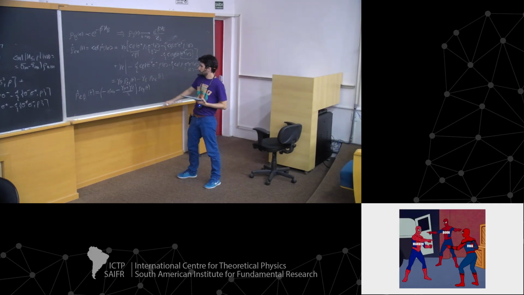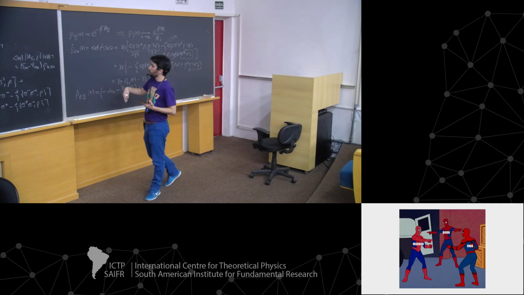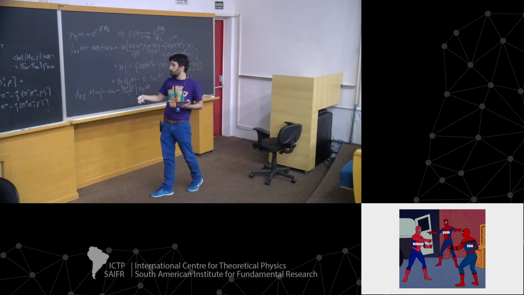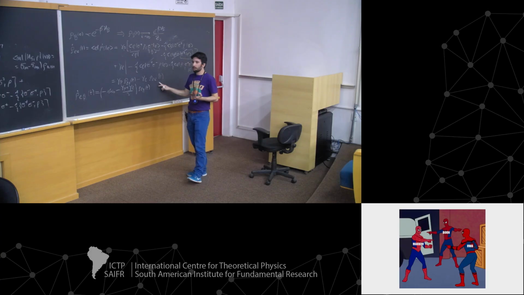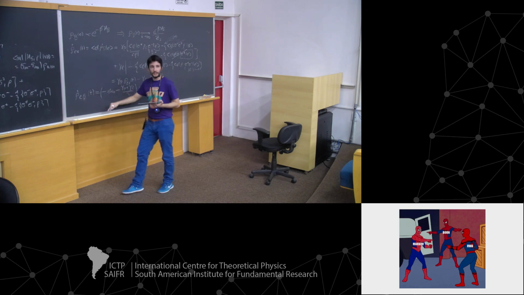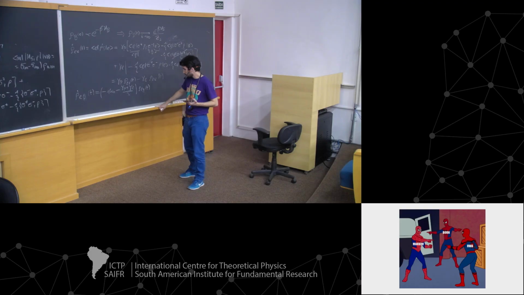When one is working in the eigenbasis of the Hamiltonian, the diagonal elements of the density matrix are called populations, because they give you the population of the states, and these are the coherences, because they appear whenever you have superpositions in the state.